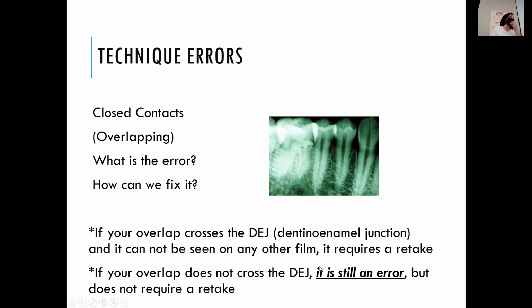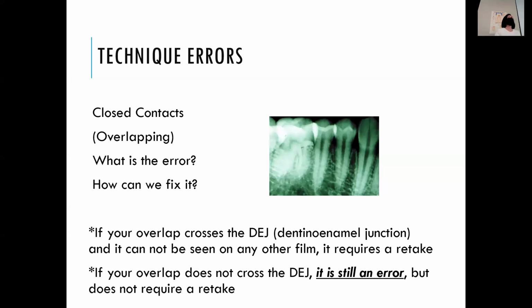This does need to be edited. What it should say is this. You have to write it down. If the overlap is more than a third through the enamel to the DEJ, so the overlap is greater than 1/3 of the way into the enamel, likely the dentist will want you to retake it.